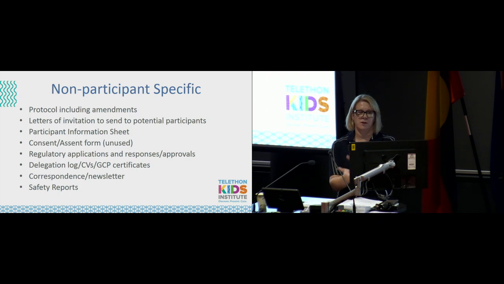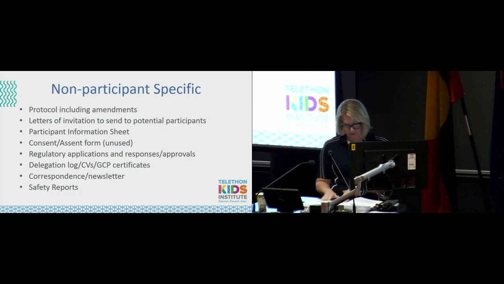They are the approved unused forms, all your regulatory approvals, your delegation log, your CVs and GCP certificates, which is your record of everyone on the team and that they're trained and competent to do their work, any correspondence related to that research and trial, and newsletters. Often companies will send out newsletters to sites to give them an update on the progress of the study, and any new information, which is really important to keep. Then any safety reports that may have been raised as part of the research.